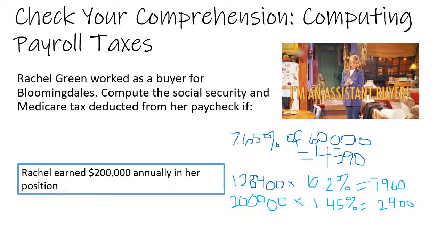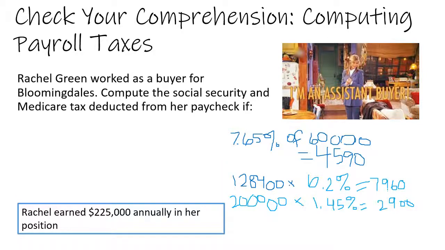So the Social Security portion of her tax is $7,960. Now, the whole balance of Rachel's Medicare tax is taxable at 1.45% of her gross salary of $200,000. This means that the Medicare portion of her salary is $2,900.